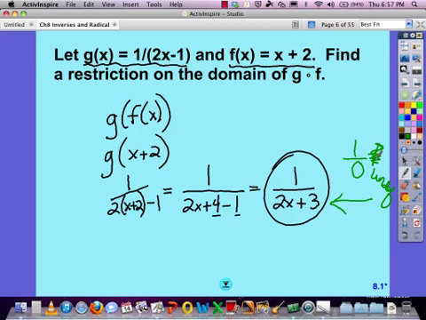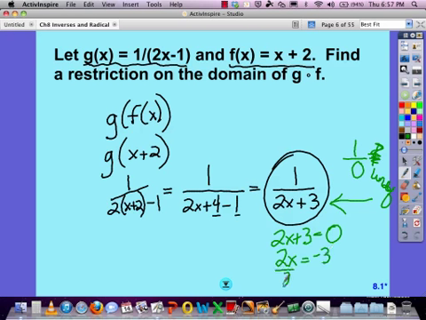So at this point, you better take that denominator of 2x plus 3 and set it equal to 0. Why? You need to find out what is going to make that a 0. And whatever makes it 0 is our restriction, because we can't have a 0 in the denominator. So finish the math. We'll move the 3 to the other side, making it a negative 3.